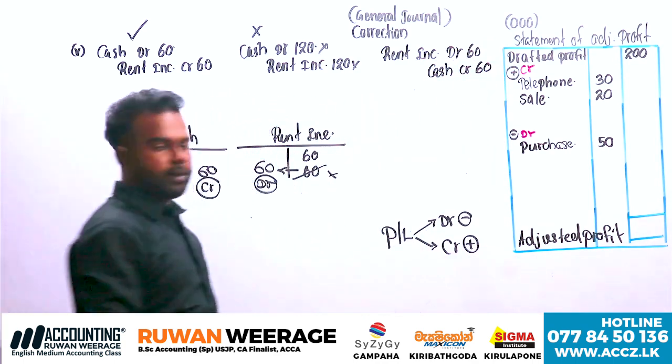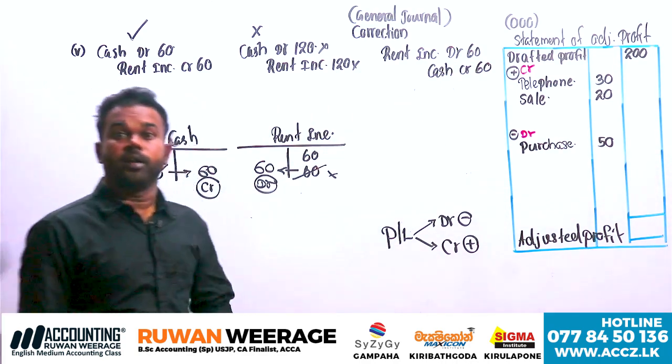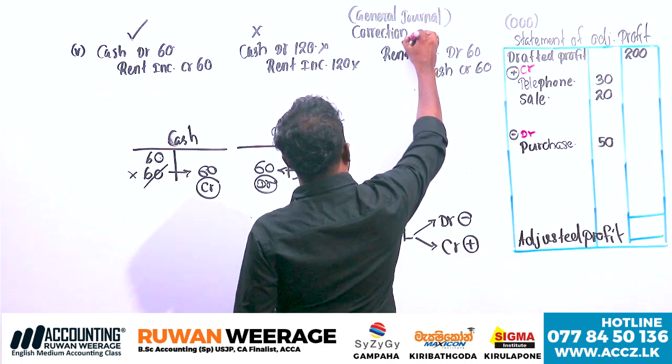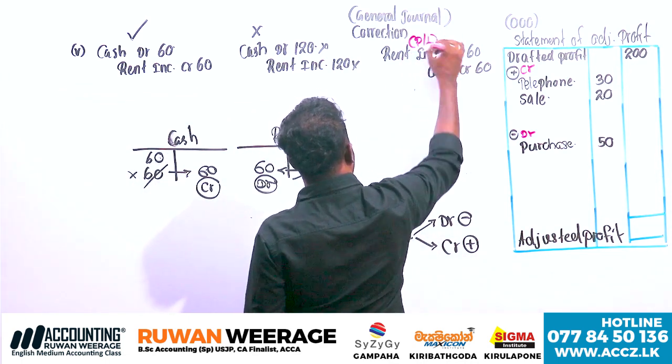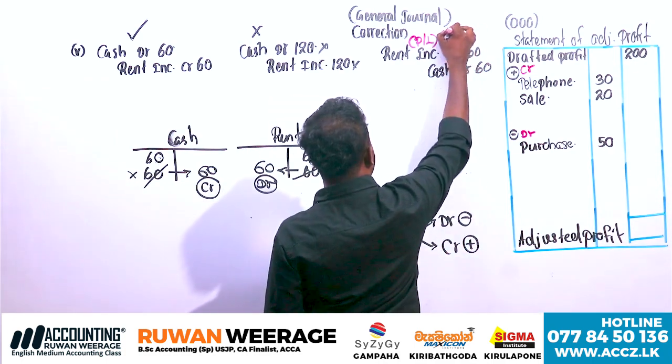That's the correction entry. So, which one impacts profit? Cash is an asset. Rent income is an income. Please put P&L here. P&L debit. Now what happened? Decrease the profit.